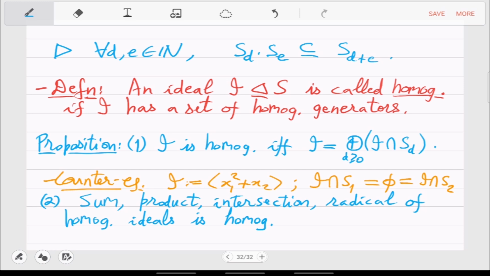So if you cannot cover degree 2, then already this condition, I equal to the direct sum, is false. So I don't need to see I intersection S3, because good things have to happen already in degree 2, and they are not happening. You can never generate x1 square plus x2. It's just a linear plus quadratic part, right? So S1, S2 is enough. This shows it.